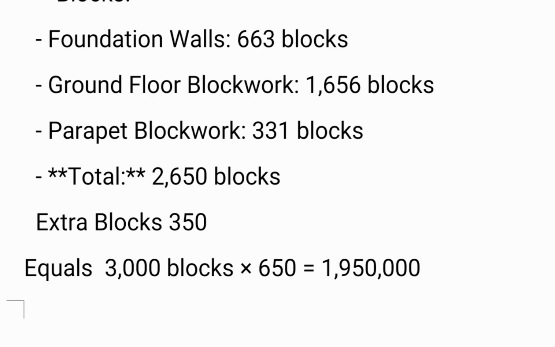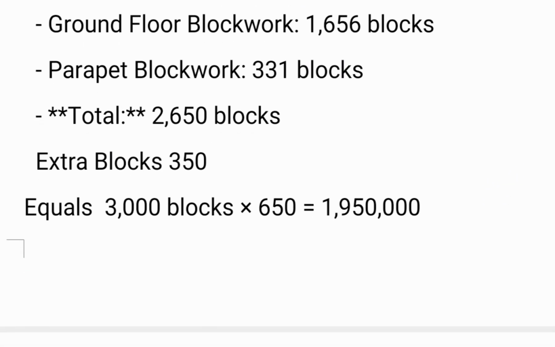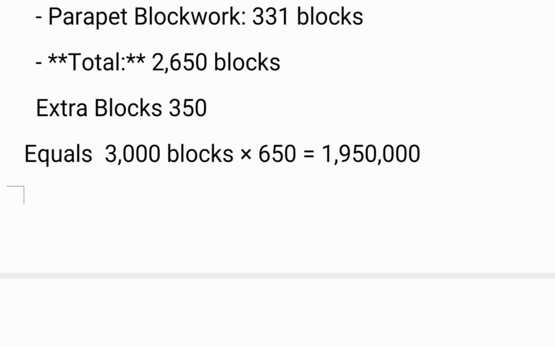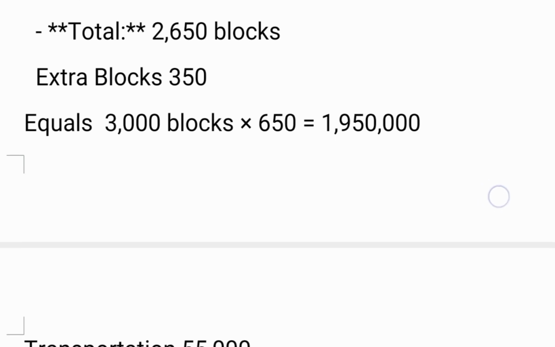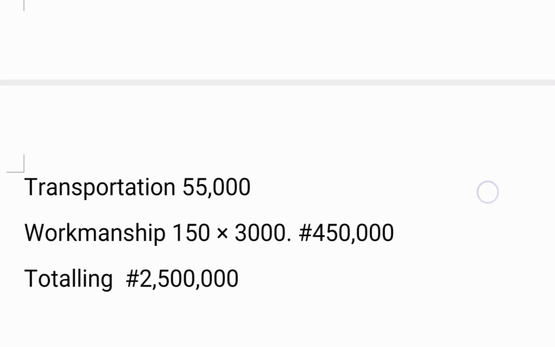You should have enough extra block because we all know that blocks break so easily, from when it is still on the road coming, to when they are offloading, and when it's being used. So you added an extra 350 pieces of blocks, and that will give us 3,000 blocks by 650. Remember, we are working with 9 inches, and that will give us 1.950 million.